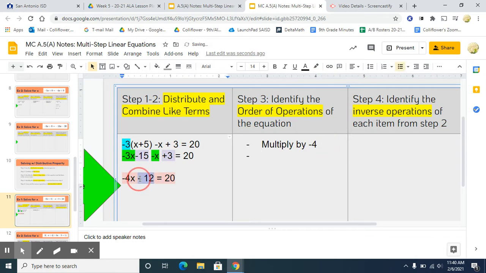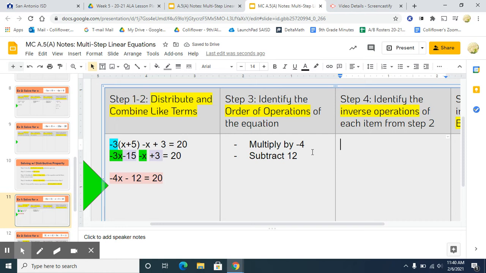After we multiply by -4, we are subtracting 12. Now we're going to identify the inverse of each of these. The opposite of multiply by -4 is divide by -4. Opposite of subtract 12 is add 12.